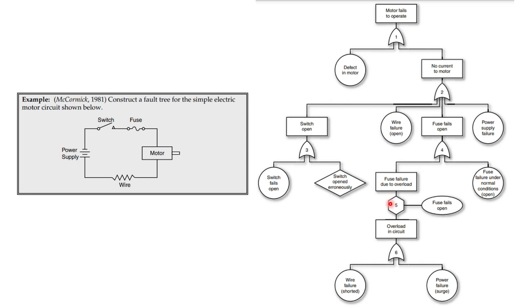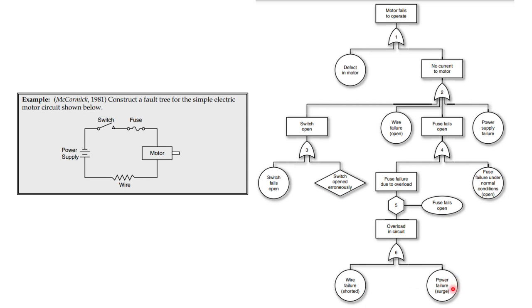We use the inhibit gate together with the fuse fails open in a conditional or oblong or oval symbol. So they are used hand in hand. For the overload in circuit, which is also in a rectangle symbol, we use the OR gate: either wire failure or shorted, or the power failure or surge.